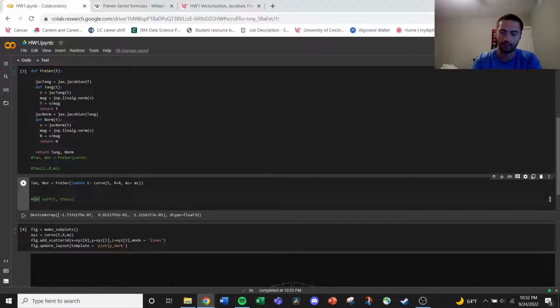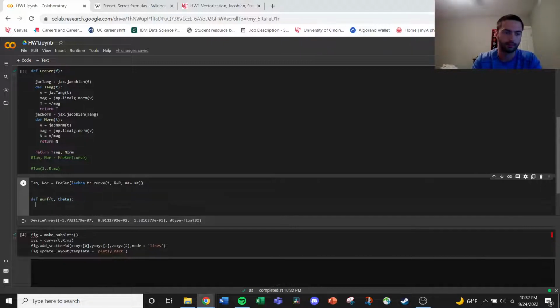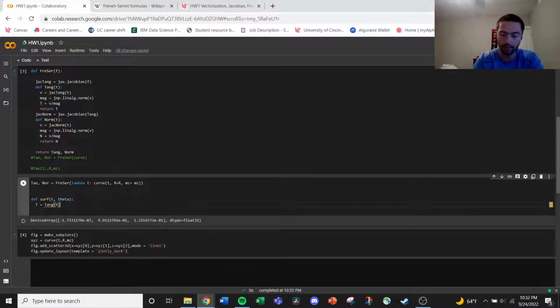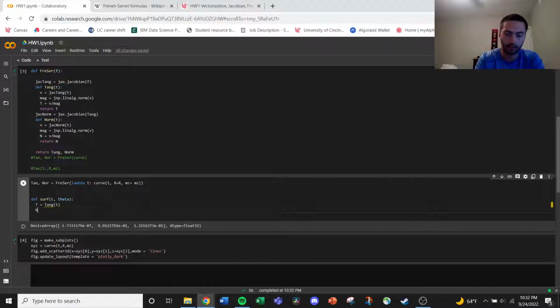Alright, so now back to this function. I've defined the function, and I need the tangent vector. So we'll say t is equal to tan at the t input, then n is equal to norm at the t input.